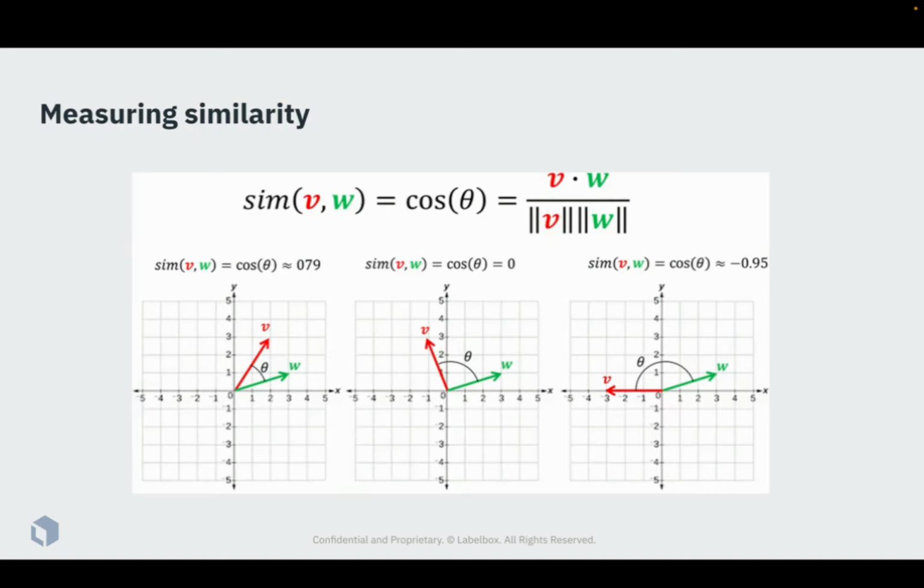So let's just quickly jump onto this figure over here, where we can see the graph. On the first graph, we see those two vectors W and V are very close to each other, and their cosine similarity measure gives us a value of 79% or 0.79. On the other hand, we see that on the third graph, W and V vectors are actually opposite one another.